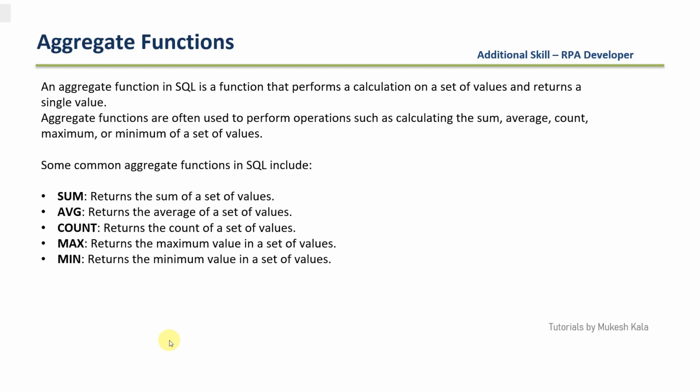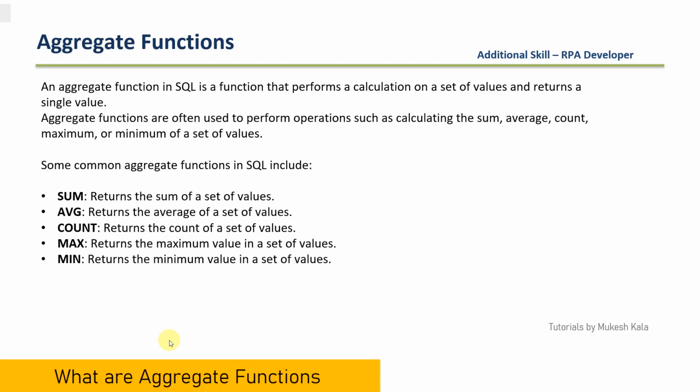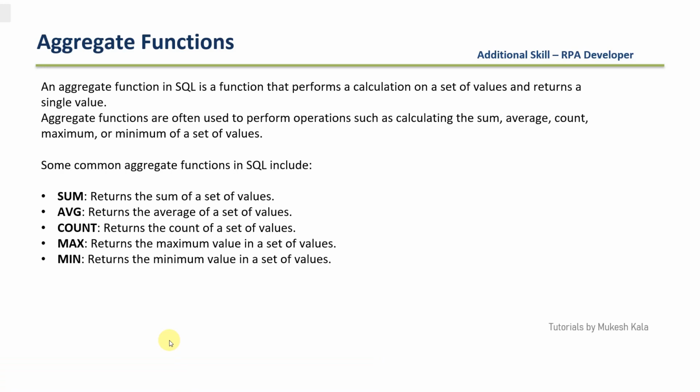Now, talking about aggregate functions. Aggregate functions in SQL are used to perform calculations on a set of values in the table. Okay. Usually we use these to perform sum, average, count, minimum, and maximum on the values, right? As we have already seen, these are all the aggregate functions which we are going to talk about.